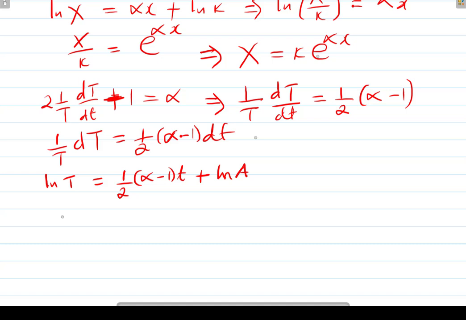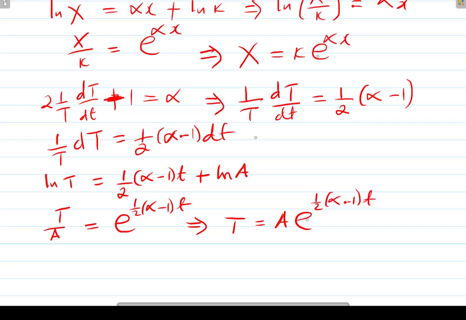So now, like before, this will be t over a equals e to the power half alpha minus 1 t, and this implies that t is equal to a e to the half alpha minus 1 t.